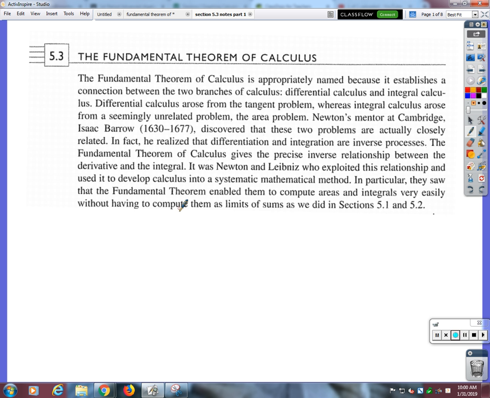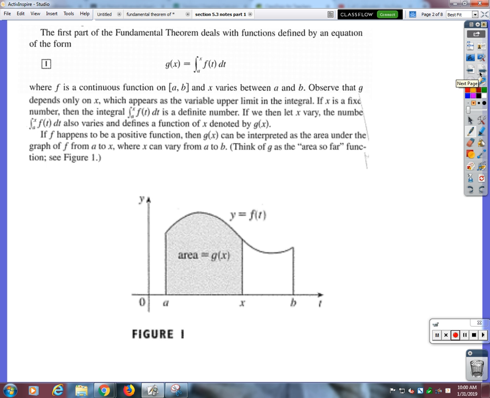In fact, he realized that differentiation and integration are inverses of each other. The fundamental theorem of calculus gives the precise inverse relationship between the derivative and the integral. It was Newton and Leibniz who exploited this relationship and used it to develop calculus into a systematic mathematical method. So now we can do integrals very easily without having to compute them as limits of sums like we did in the last two sections.